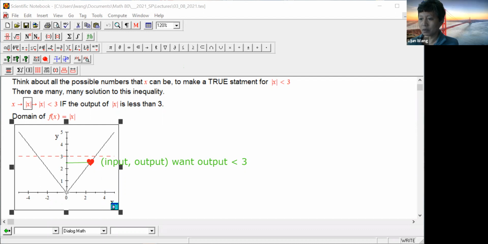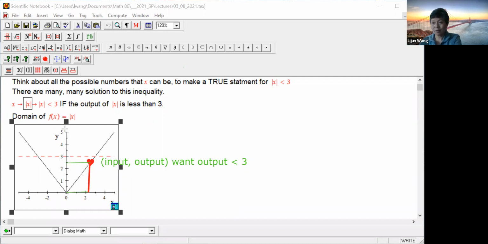That's the input. And what's the output? The output is this height. So we want the height to be less than 3. We want the output to be less than 3. Do you guys follow me?